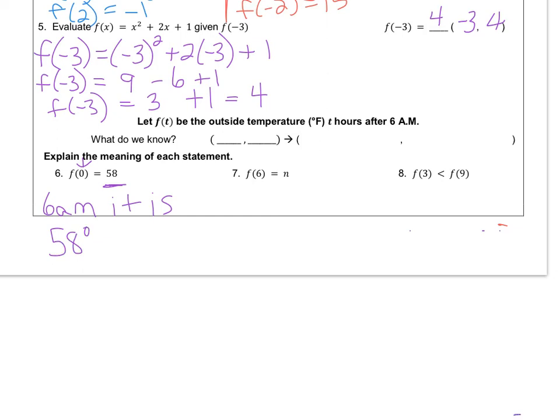And if I had to write that as an ordered pair, I would say 0 is my input and 58 is my output. So I want you to pause the video and see if you can figure out what the meaning is. Number 8 does not have an ordered pair. It just wants to know what the meaning is for number 7 and number 8, and then turn the video back on and check the explanation.